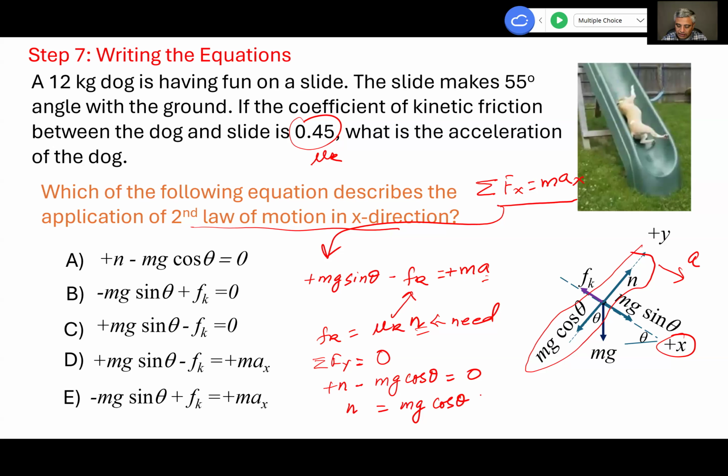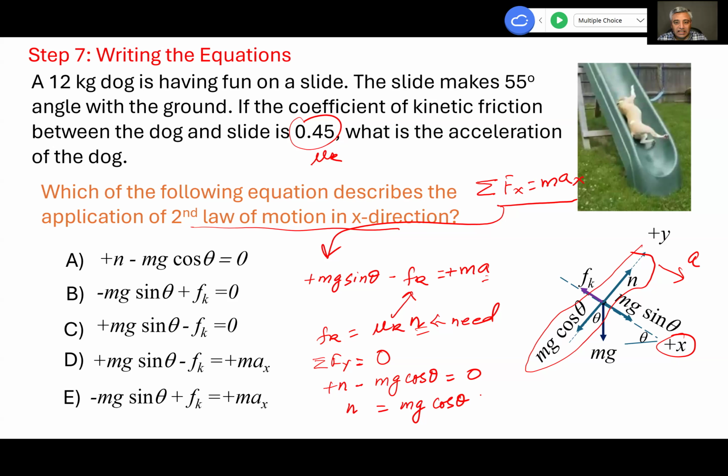Looking at the free body diagram, 0 means n is, see here how n is not just mg, but mg times cosine theta. So normal force is not always mg. It is mg only when something is sitting on a horizontal surface. But even in that case, if it's being pulled by some tension force at an incline, then it's not equal to mg.